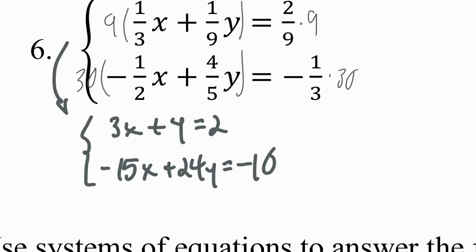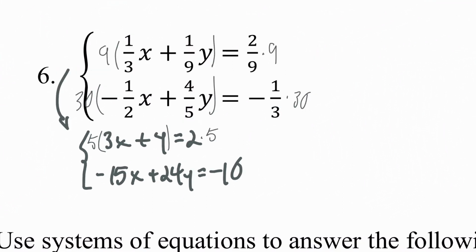Okay, so if I want to eliminate, I guess I want to eliminate the x, because I see that if I multiply this by 5, then I'll have 15 here. So I want to multiply this top equation on both sides by 5. So that will go over here.